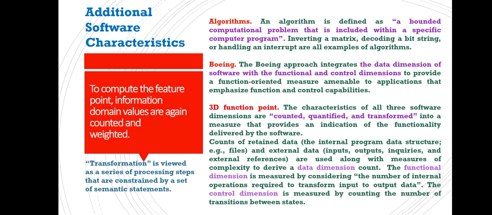Inverting a matrix: if we consider a matrix, then only you can invert that matrix, right? In the same way, we are considering the input data and we are extending the function point feature in order to have feature point, because it is a superset of the function point.